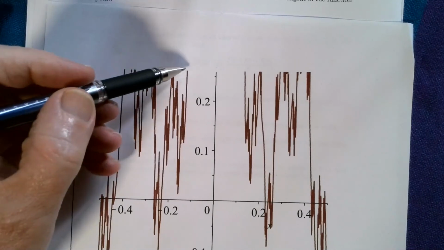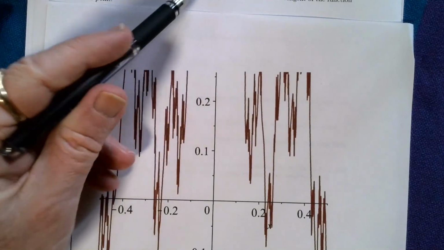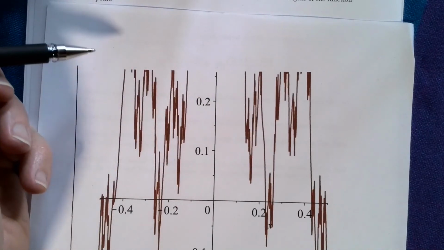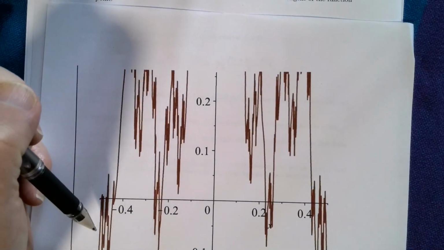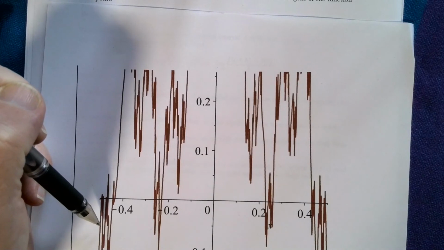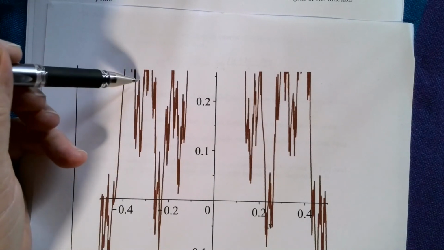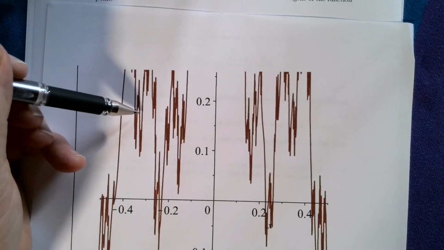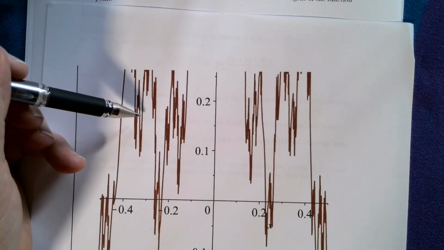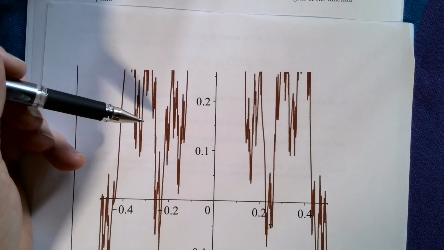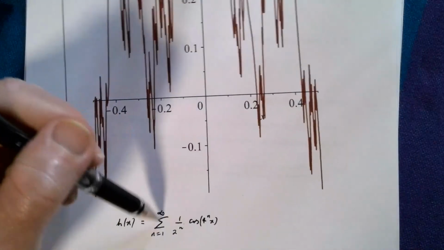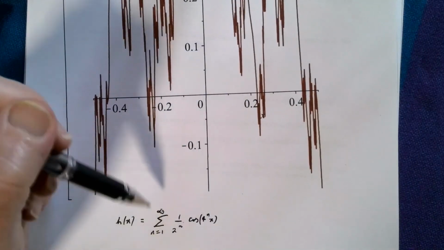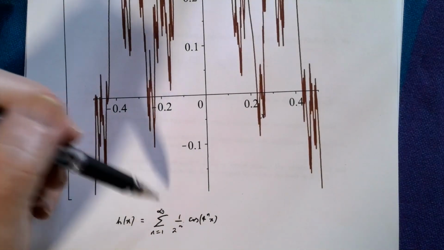This function, as I mentioned, continues up here beyond what the screen could do, but this function happens to be continuous. But you can't get the derivative anywhere. It's got no derivative at any point. The reason is that if you try and differentiate this thing, what you get is an infinite series that diverges.